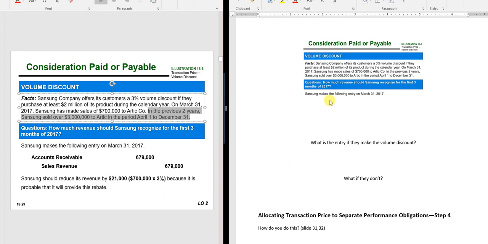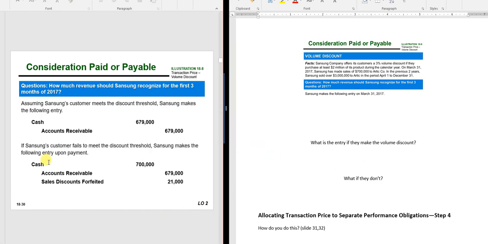Okay? So we're probably going to do that right here. What if they make the volume discount? I debit cash and credit accounts receivable. What if they don't? I debit cash for 700,000, credit accounts receivable, and I credit sales discounts forfeited.